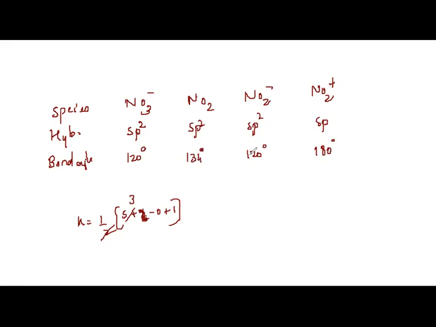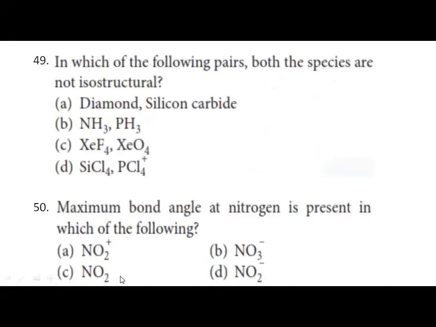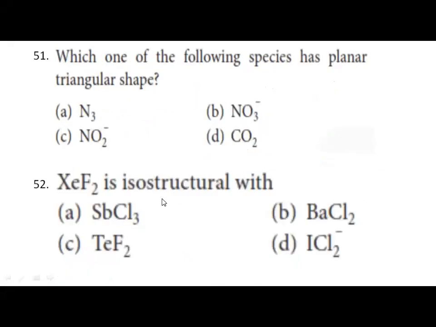In case of NO2 minus, it is not 120; it becomes 115 degrees due to lone pair repulsions. And here it is 180 degrees only. So which one has the maximum bond angle? It is NO2 plus. Therefore, NO2 plus is option A. It has the maximum bond angle.